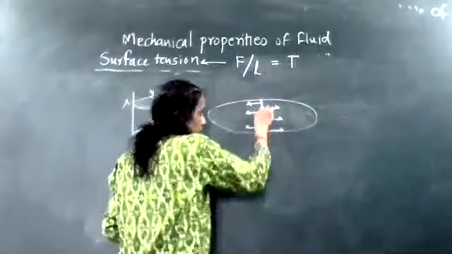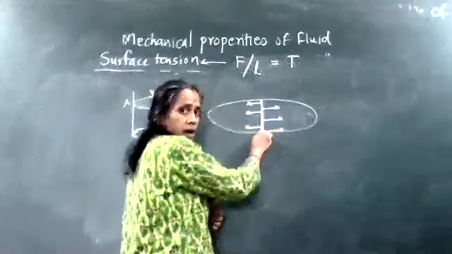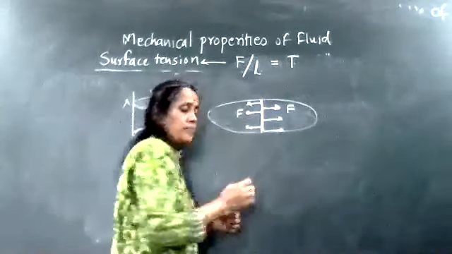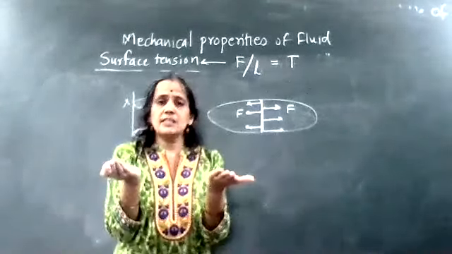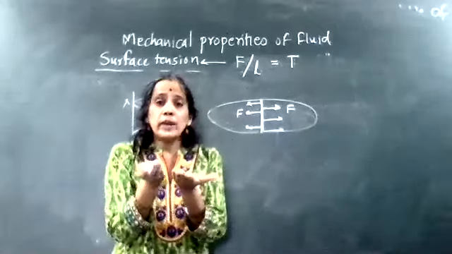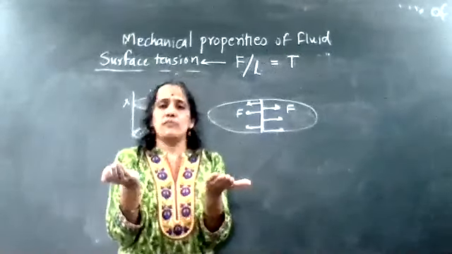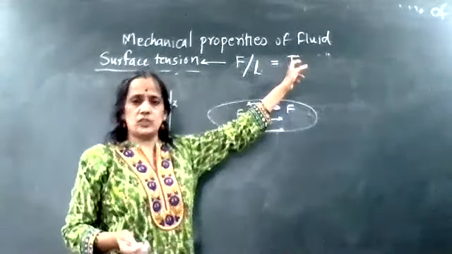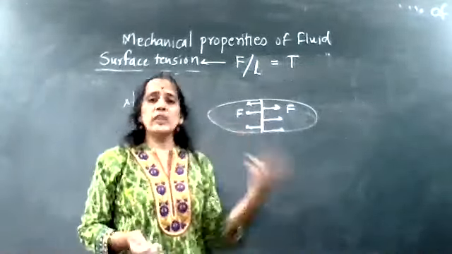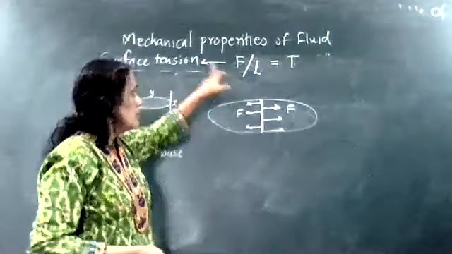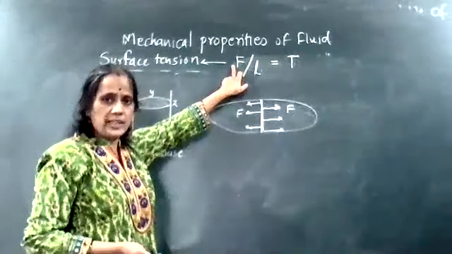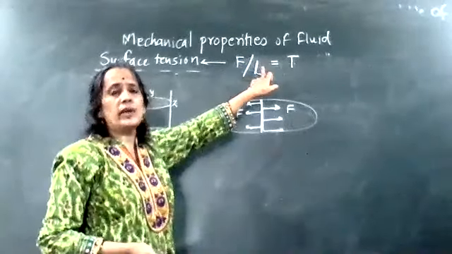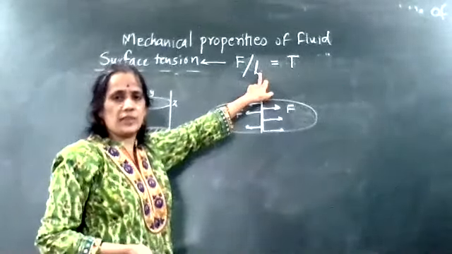See here, across this tangential line, the tangential force is acting. It wants to tear the surface, so it creates a certain tension over the surface. That tension is called the surface tension. So how do we define surface tension? Surface tension is defined as the tangential force acting per unit length of that particular surface.